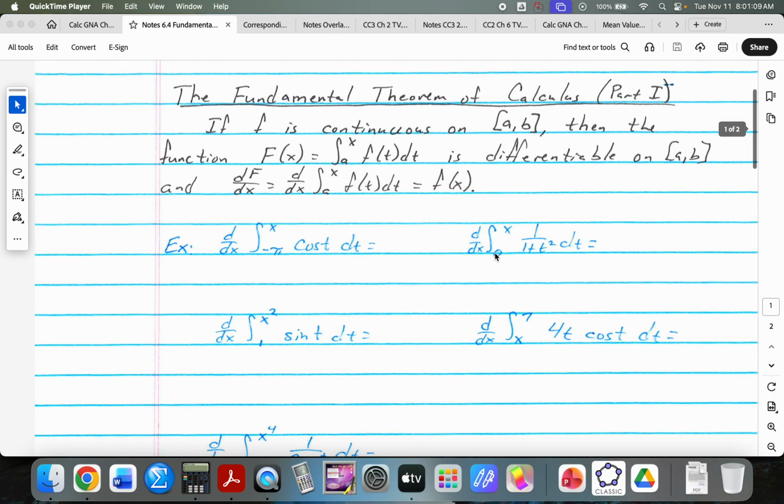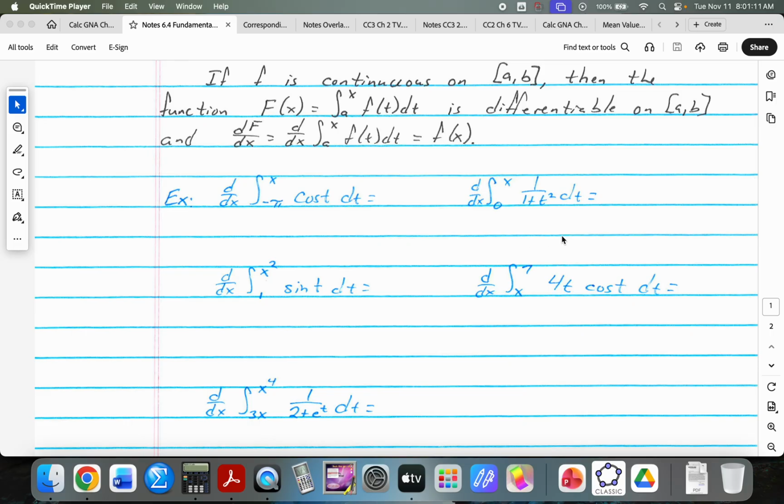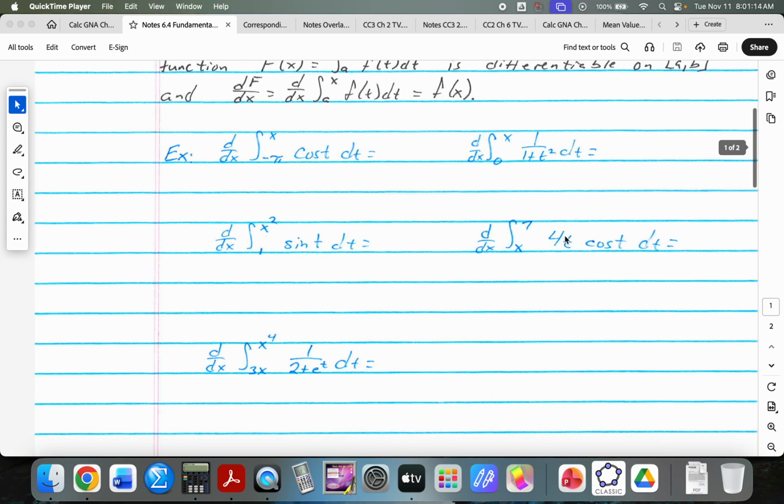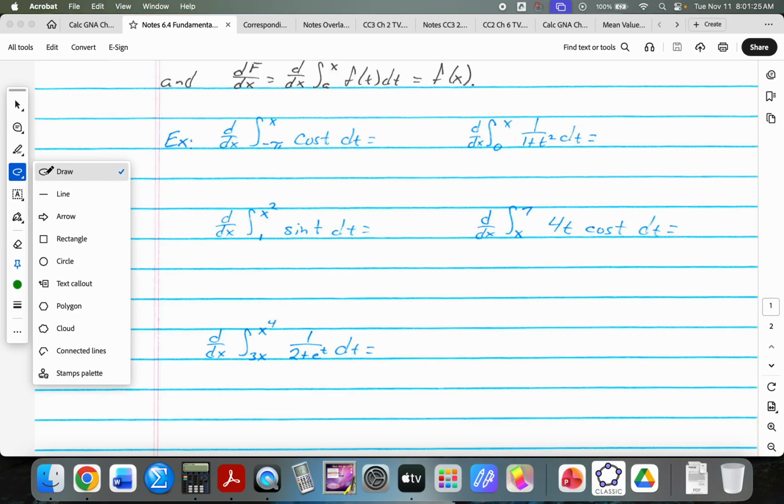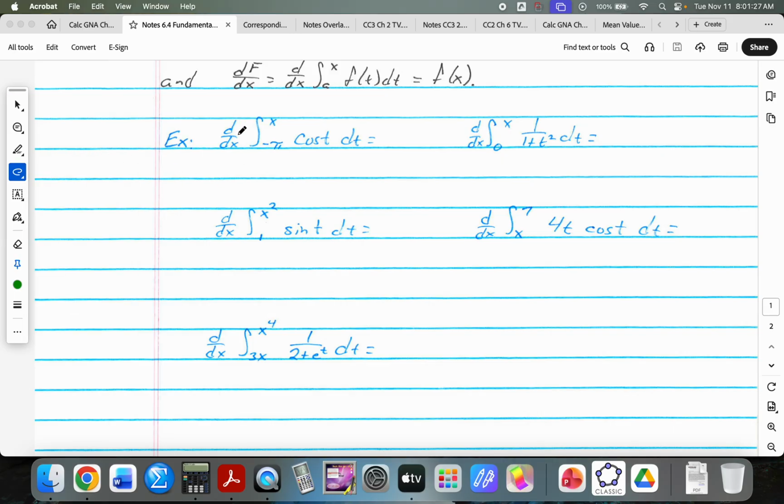Okay, so I'm going to show you a couple of very basic ones, and then we're going to look at some others. So, for example, this one. We want to take the derivative with respect to x. So notice that the integrand's variable of integration is t, but one of my limits of integration is x.